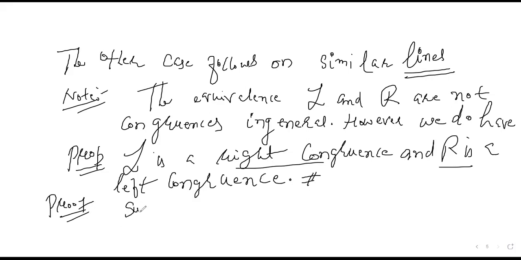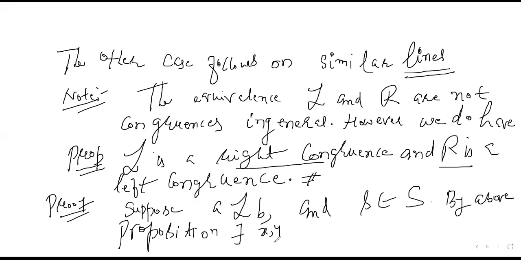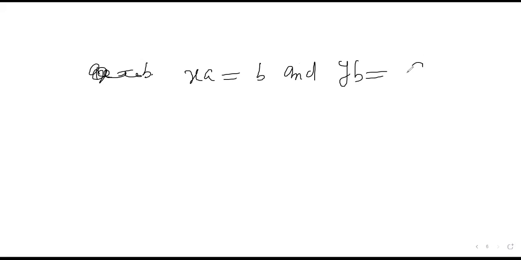So suppose A L B and S is some element of S. Then by the above proposition, A L B means there exist some X and Y in S1 such that XA is equal to B and YB equals A.